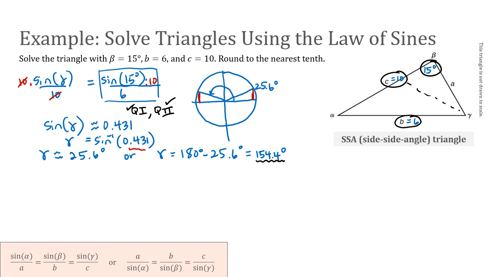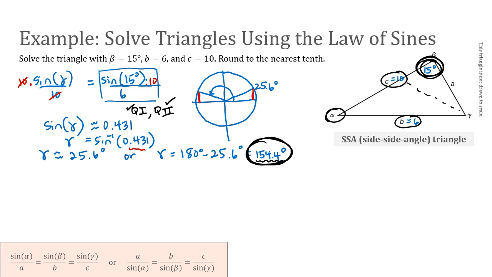Now, I know that that is an angle in quadrant 2, so that's great, but can that angle fit in the triangle? I already have 15 degrees. If I take 15 degrees and add it to 154.4 degrees, will I have enough left over to have an angle alpha? Well, 154.4 degrees plus 15 degrees is 169.4 degrees.